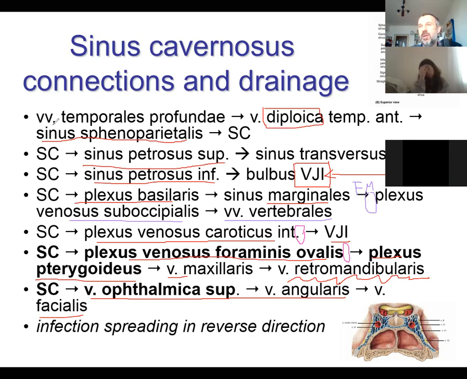So it's then drained by deep temporal veins, which are running along deep temporal arteries, which are branches from the maxillary artery. So this is not to memorize. This slide helps you to understand how complex it is and which areas exist. So please, just read this and think about that. Do not memorize that.